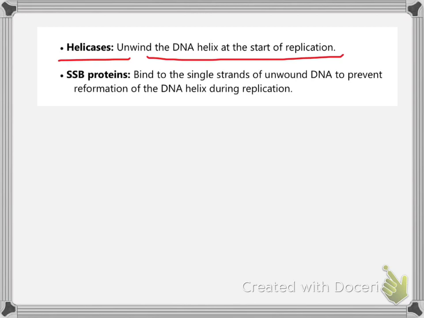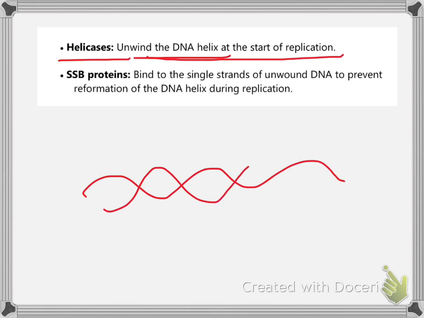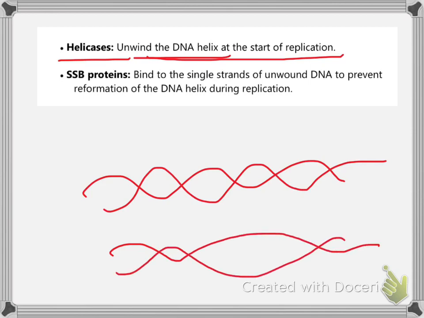Helicases unwind the DNA. That is, the DNA is like this. The helicases unwind the DNA like this. They break the hydrogen bonds between the strands and make the replication bubble like this.